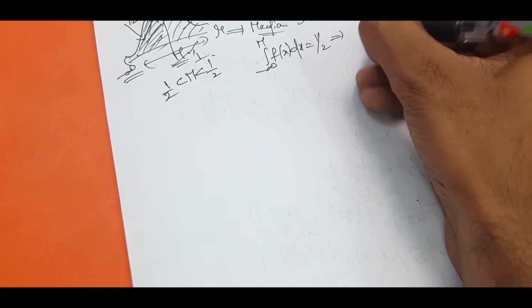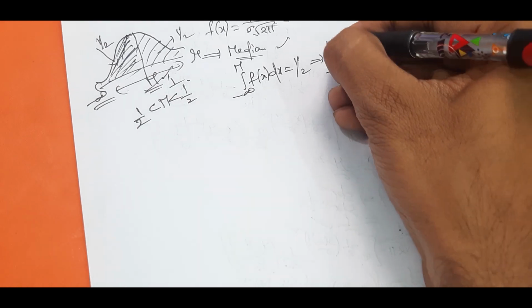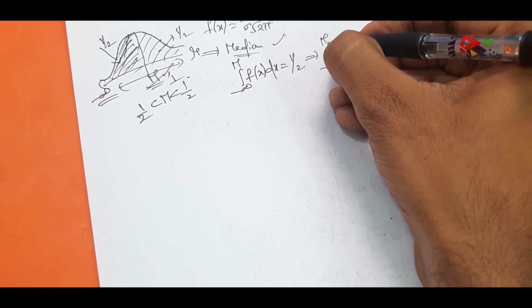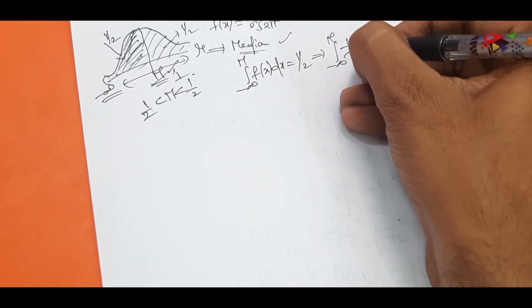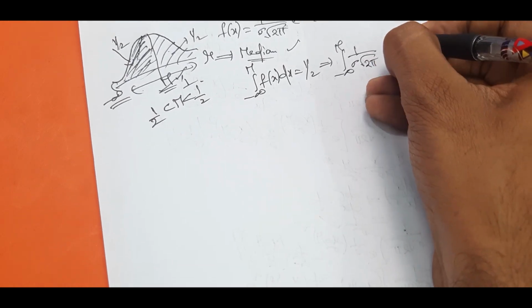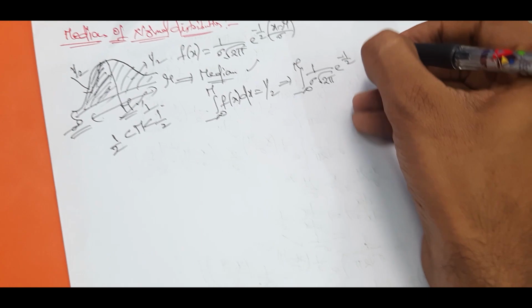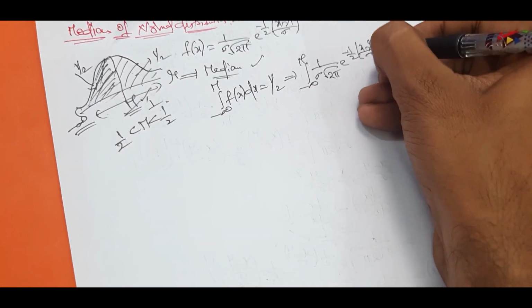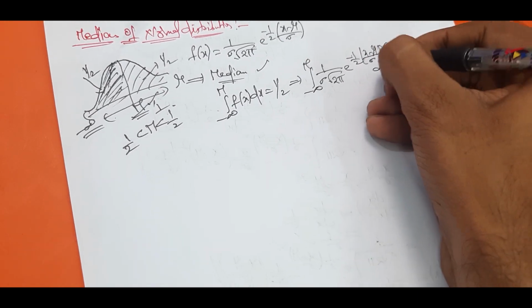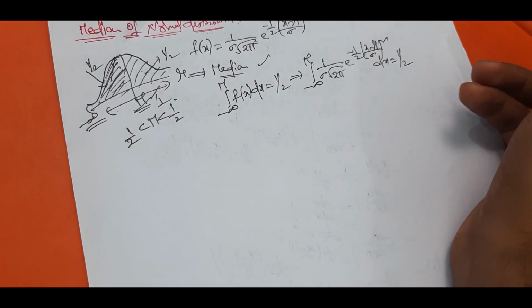So f of x means 1 divided by sigma root 2 pi into e power minus 1 divided by 2 into (x minus mu divided by sigma) whole square, dx, equal to 1 divided by 2.